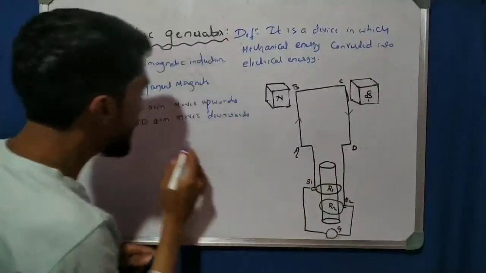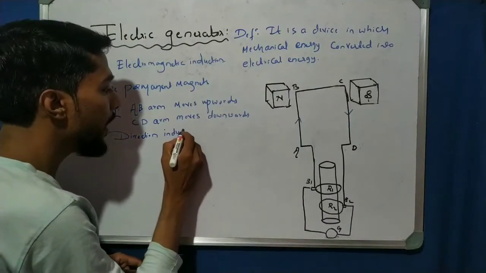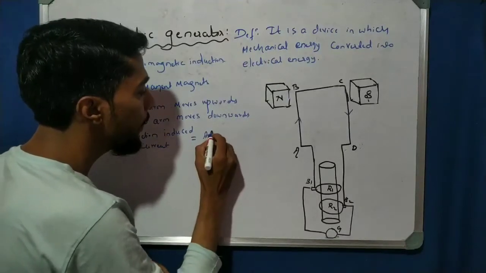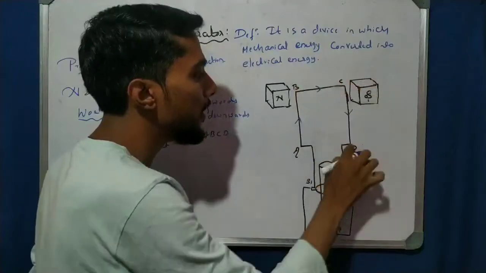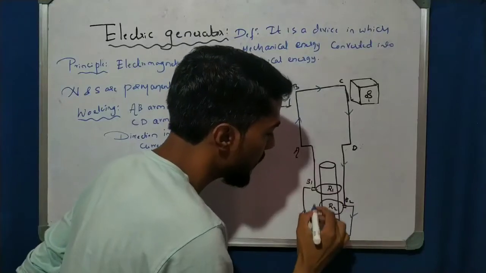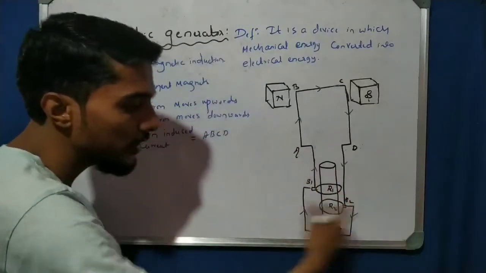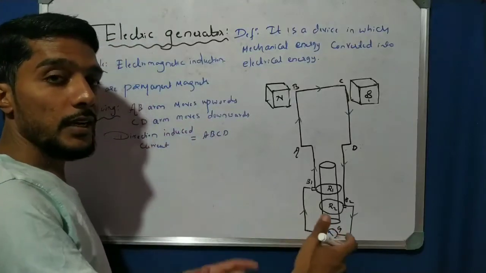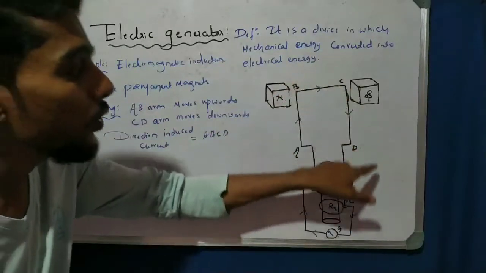So the direction of induced current is A, B, C, D. The galvanometer shows a deflection in this direction because the current is moving this way. Last class we learned that the galvanometer shows the deflection according to the direction of the current.